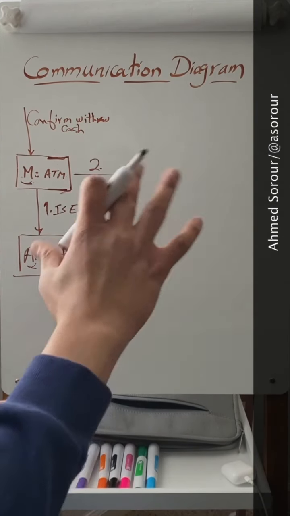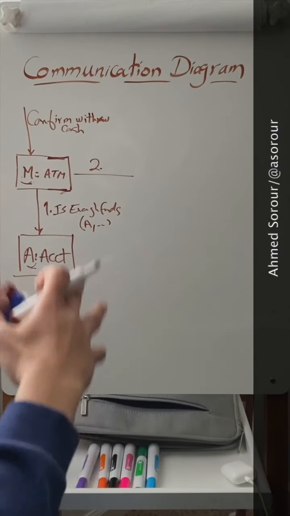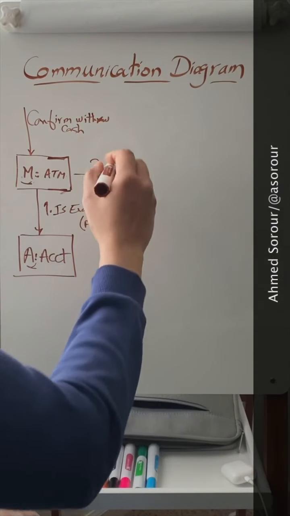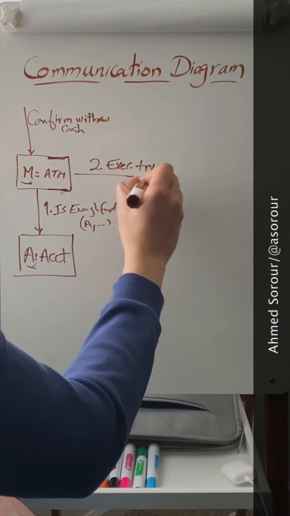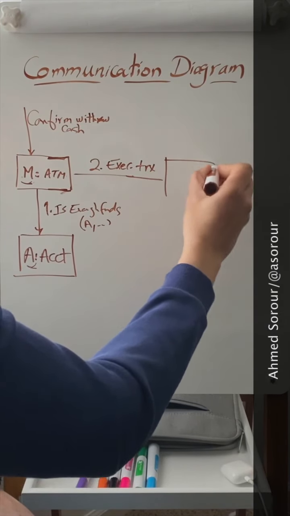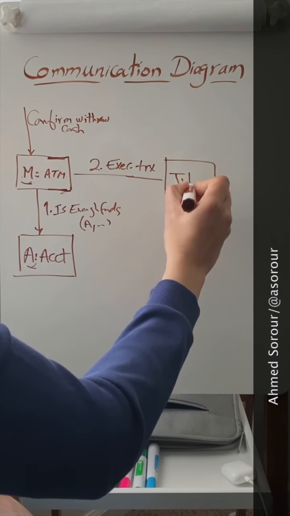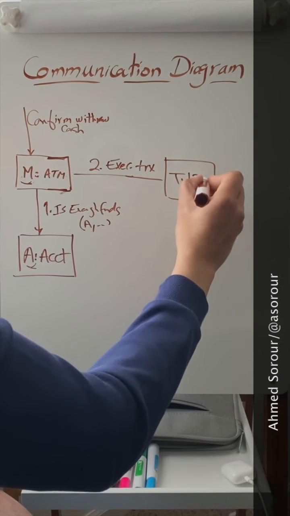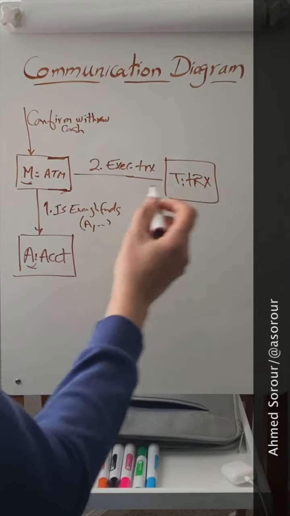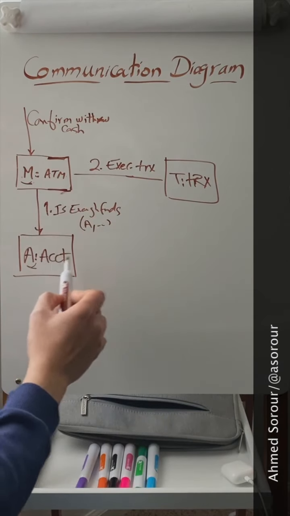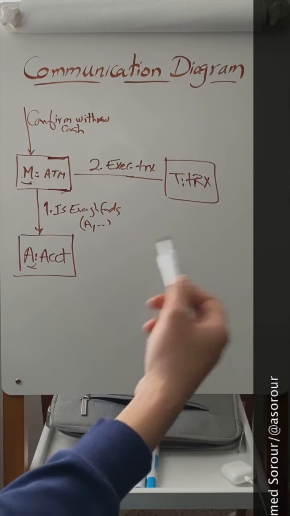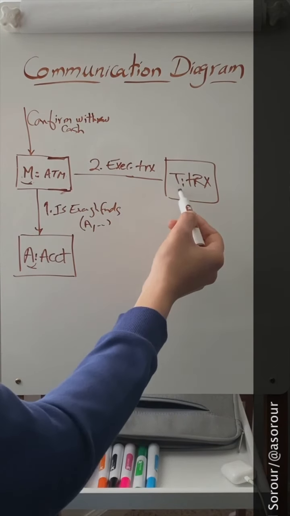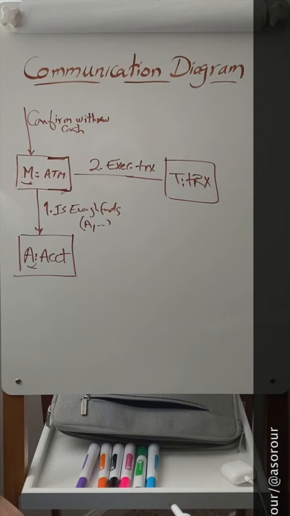If you remember how we broke down the activity diagram into two, we end up with execute transaction, and this would go to a transaction object. Again, ATM, account, and transaction are entities that appeared in our domain discussion. And this is a variable name just in case I need it.